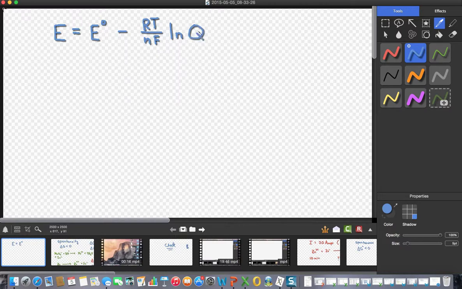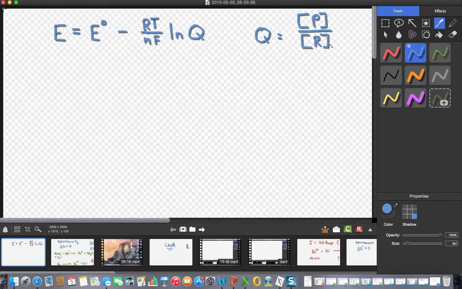Remember, Q is that reaction quotient where Q, much like the equilibrium constant, is the concentration of products to their stoichiometric coefficient powers over the concentration of reactants to their stoichiometric coefficient powers.